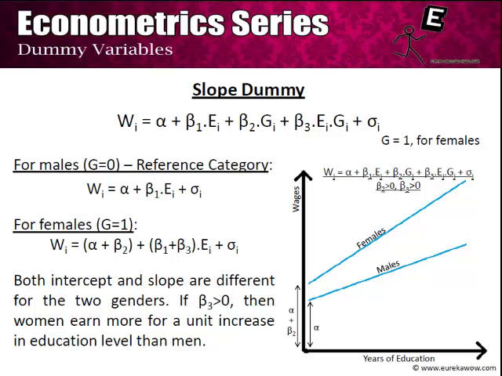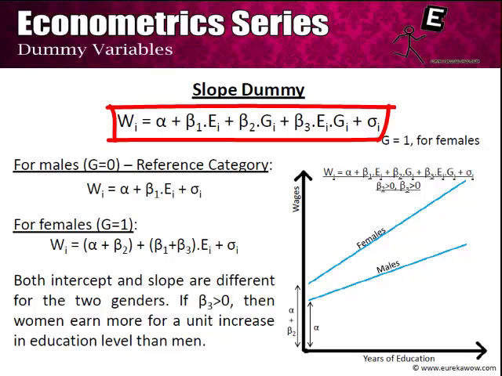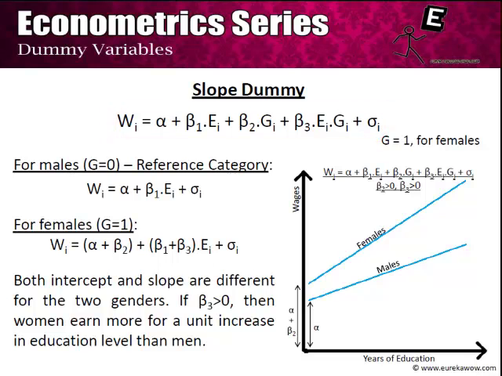For example, let us consider the wage example, which is WI equal to alpha plus beta 1 EI, wherein EI is the years of education, plus beta 2 GI, wherein GI equal to 1 for females, plus beta 3 EI GI plus sigma I. Now note that this term EIGI is a combination of a qualitative variable, which is the gender GI, and a quantitative variable, which is EI, that is the years of education.